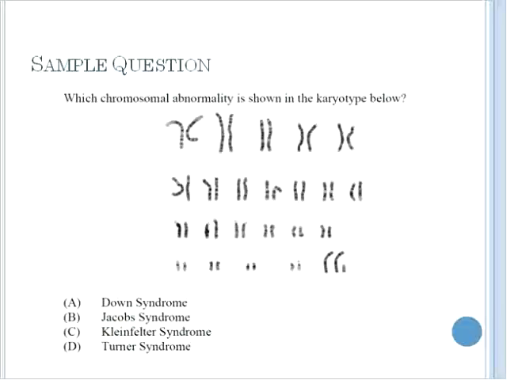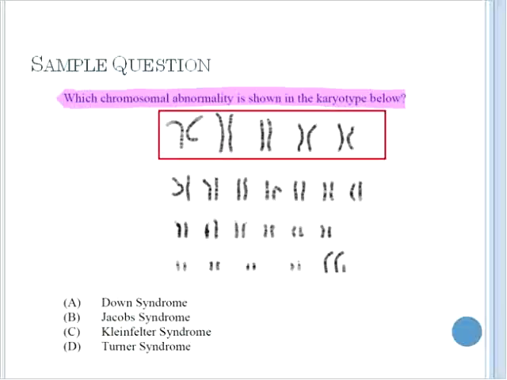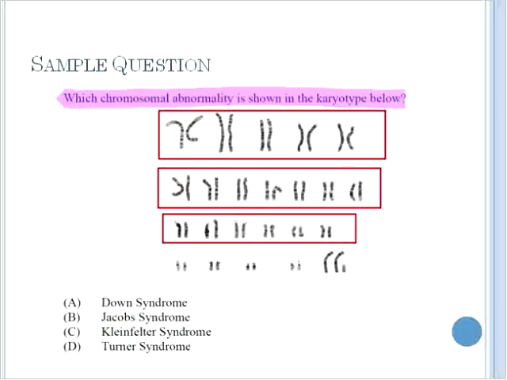In this question, you were asked, which chromosome abnormality is shown in the karyotype below? In this karyotype, you can see the autosomes are all normal and as they should be.